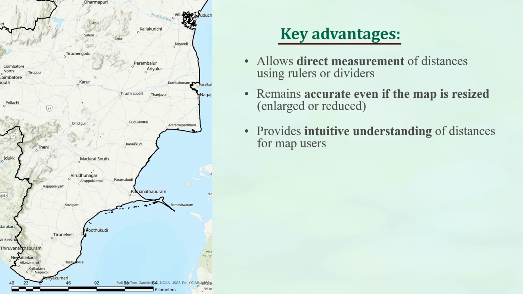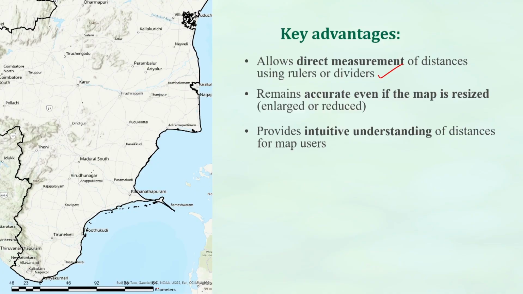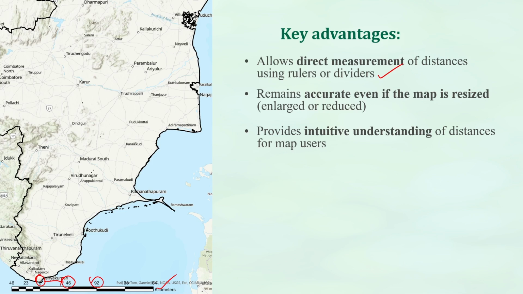Now, let us discuss the key advantages of this graphic scale. As you see on the screen, this helps with direct measurement of the scale. How? Look at the screen, here is the graphic scale. From 0 to any value, here is the 0 and here is one value and here is another value. In between two values, you can measure the distance using any scale, like this scale you can use, and you can measure the distance between 2 points.